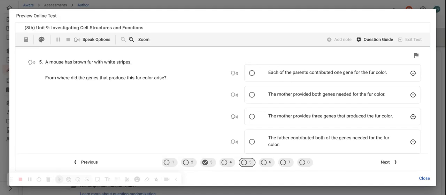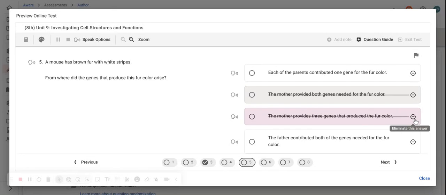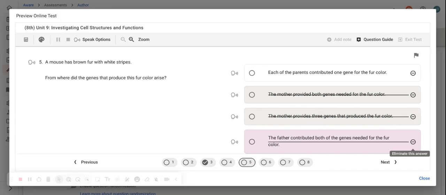Organisms get one gene from the mother and one gene from the father. So let's look at the answer choices. This one says only the mom is giving the genes. Okay, in both of these actually. And this one says only the father is giving the genes. So if I just do process of elimination here, this one tells me that each parent contributed.